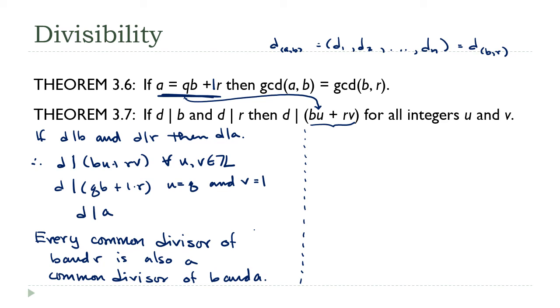Okay, now I've got to go the other way. Now I have to show that if D divides A and B, then D divides R. And I'm going to do this practically the same way.